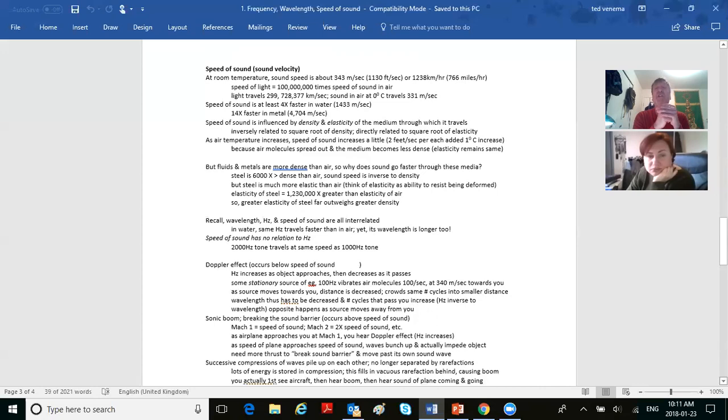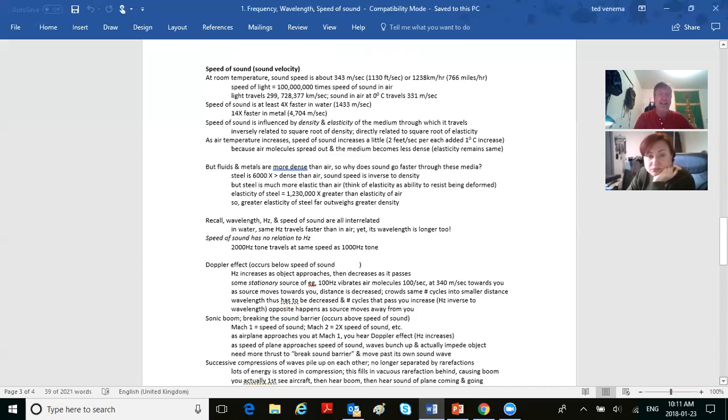The speed of light is 100 million times the speed of sound in air. Light travels about 300 million kilometers per second, or about 186,000 miles per second.